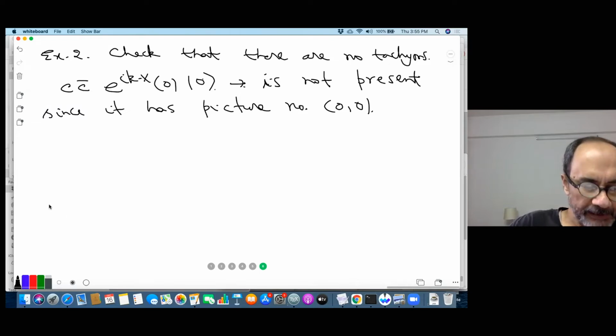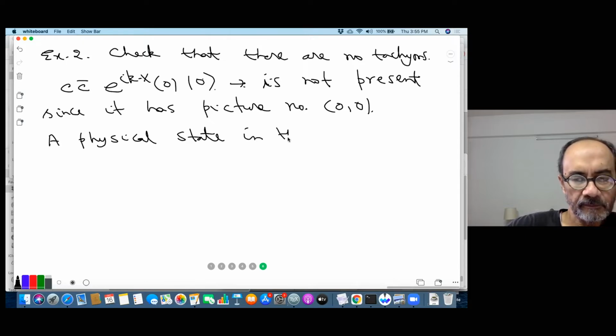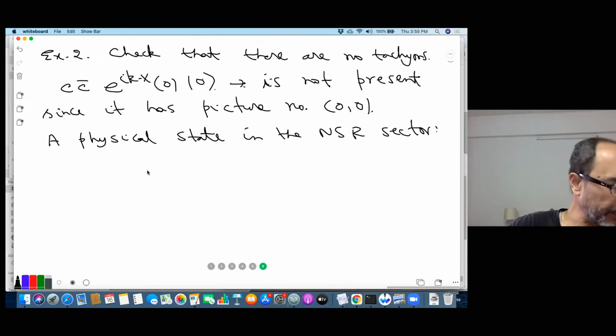Now let's construct a physical state in the NSR sector. This means it's Neveu-Schwarz on the anti-holomorphic side and the Ramond on the holomorphic side. And here it is.